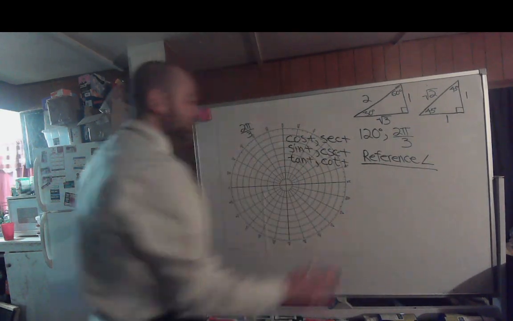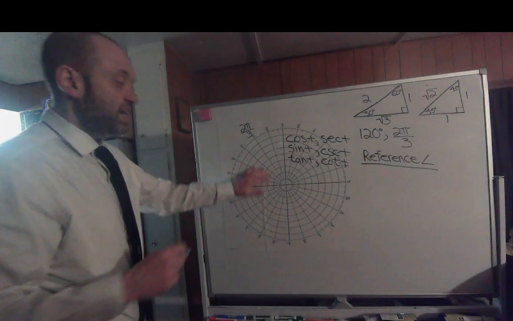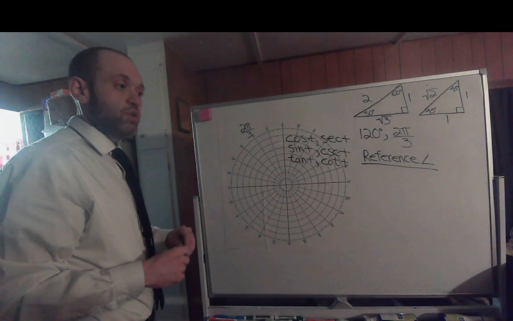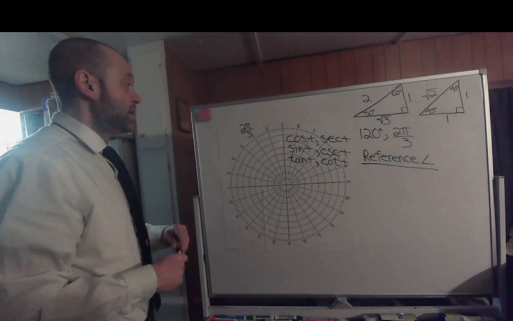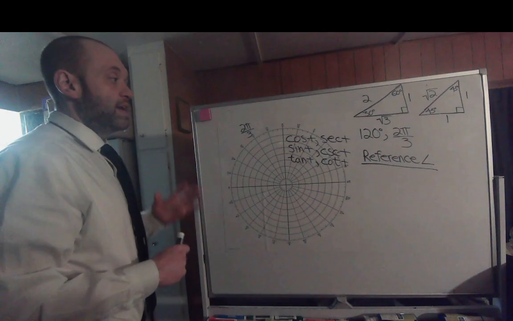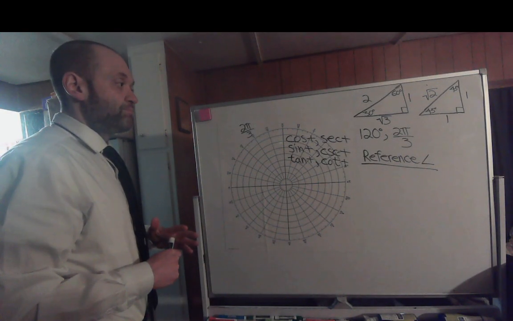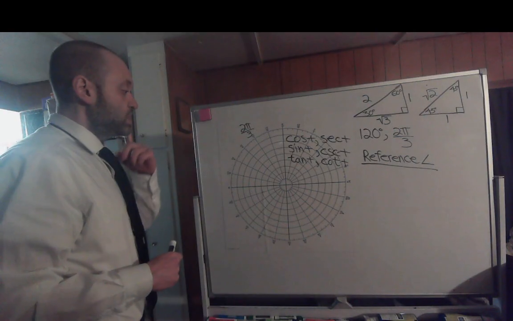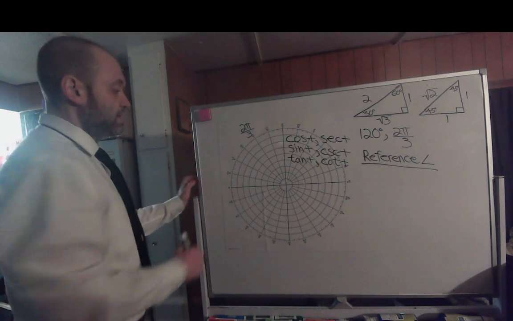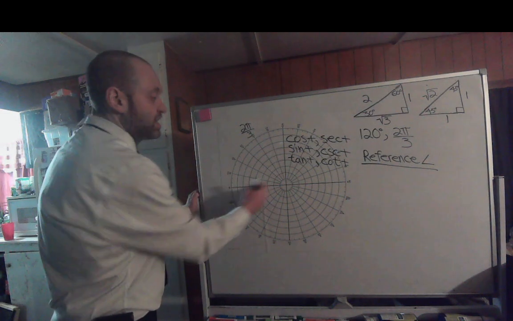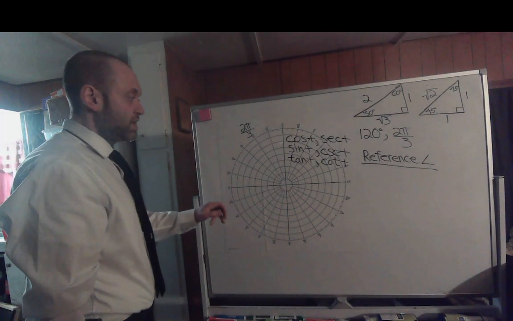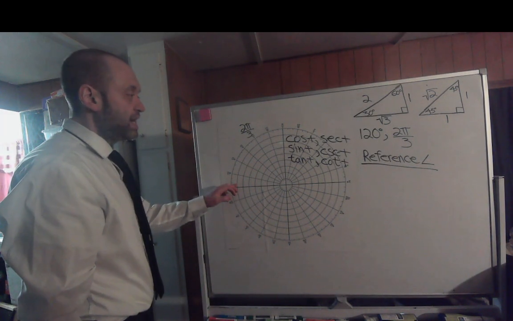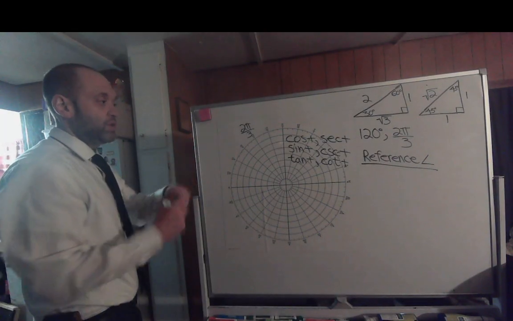Whenever you're dealing with anything in the second, third, or fourth quadrant, you have to consider what is called a reference angle. How do you find a reference angle? It always varies off the x-axis. So in the second quadrant, you take pi and subtract the angle you have.